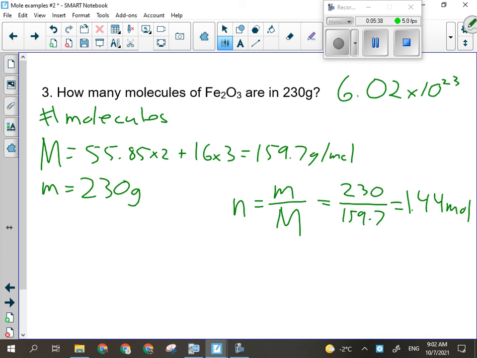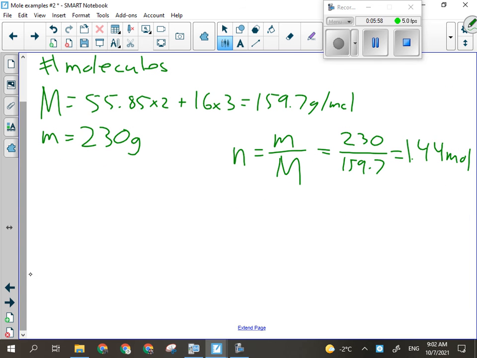Now I have the number of moles, and I have Avogadro's number, which tells me how many molecules per mole. So what do I do with those two numbers? Multiply them together. This is how many are in 1 mole, and I have this many moles. Multiplying them together will give me the total number of molecules that I have in 1.44 moles.